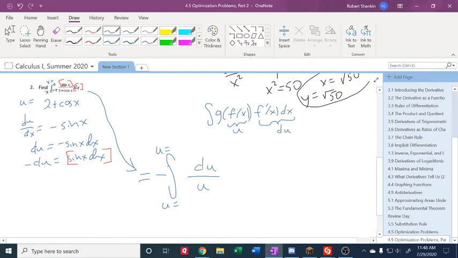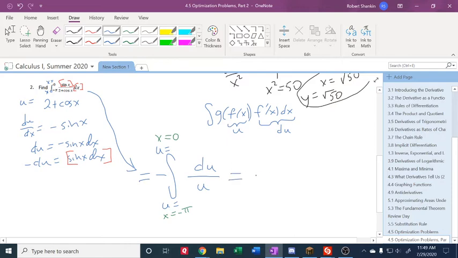Okay. Now, on this one, I'm going to show you what would happen if, instead of changing to u limits, I had left it as x equals. Because it's possible to do it this way. Let me show you what would happen.